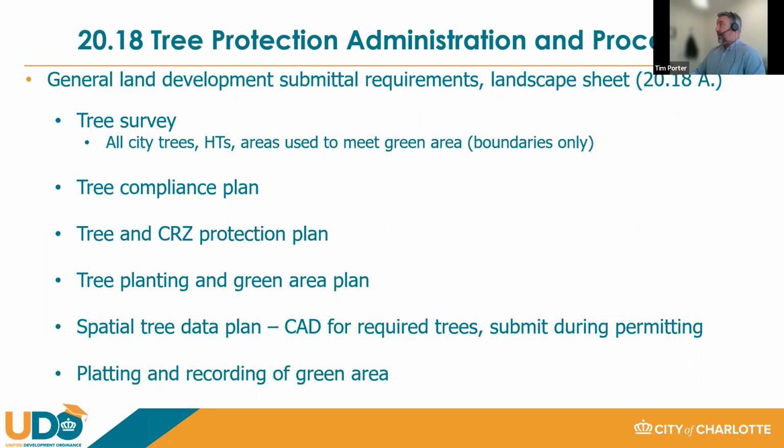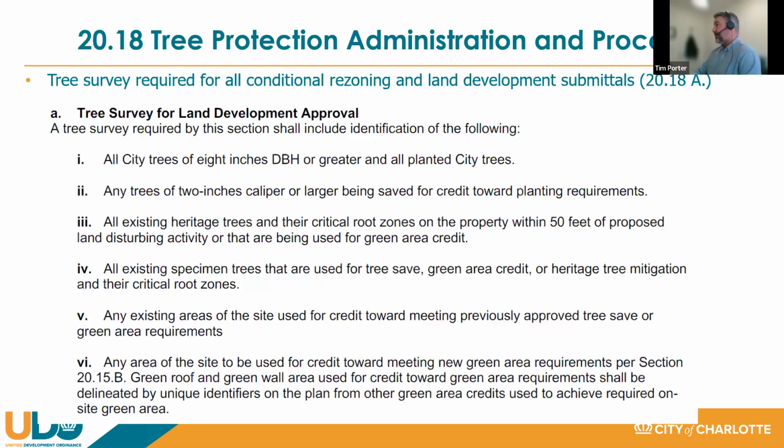And again, the Charlotte Tree Manual and UDO will provide clearer guidance. I didn't include every section in this presentation. It's already a very long presentation, so I wanted to make sure we had time for questions. Here is a little bit more detail from the actual UDO on what tree survey requirements will look like.